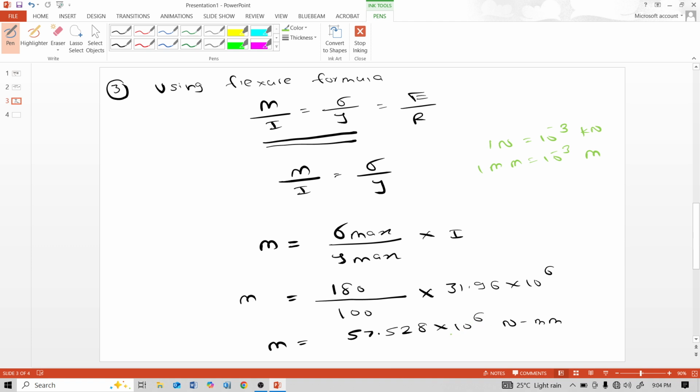That means this 10 raised to 6 and 10 raised to minus 6 get cancelled. 57.528 multiplied by 10 raised to 6 multiplied by 10 raised to minus 6 is 57.528 kilonewton meter. So moment of resistance in kilonewton meter is 57.528.